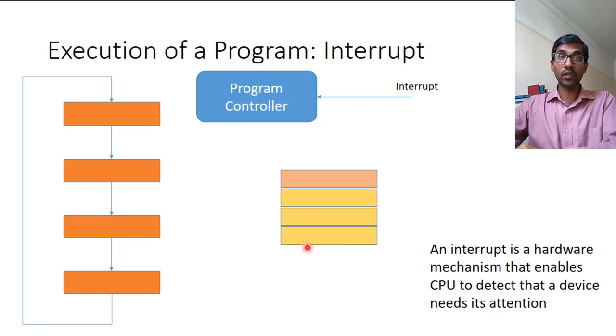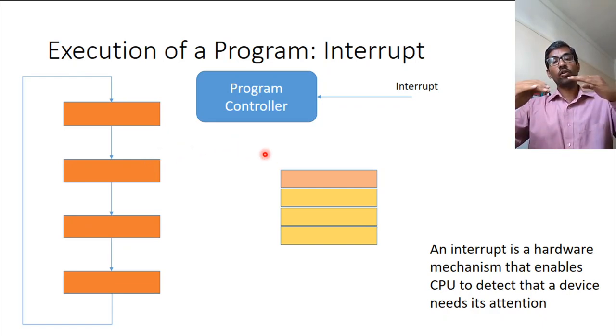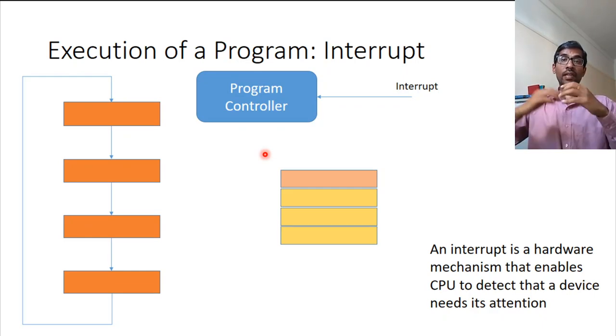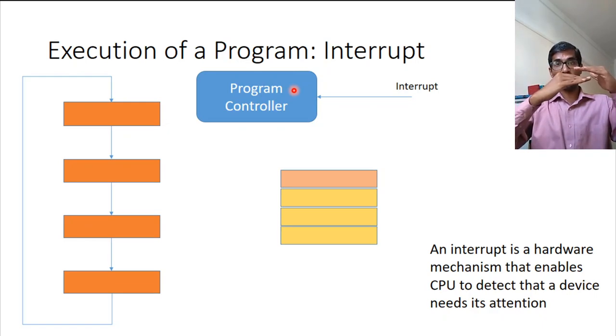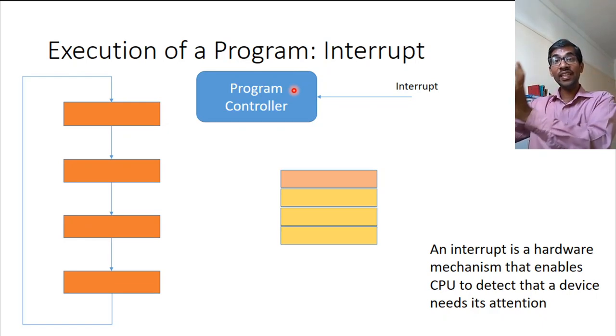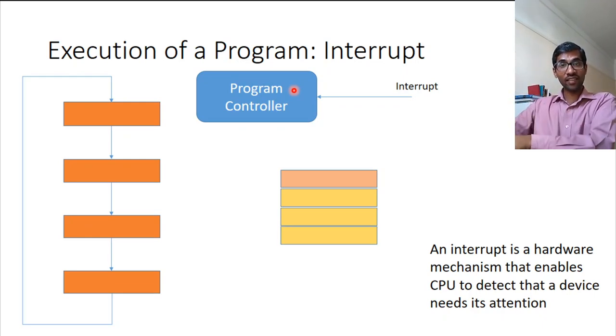And after you have executed this, you can come back and execute these lines of code. Does that make sense? A program controller usually directs the microcontroller to just execute commands one after the other in the memory location. But in response to an interrupt, the program controller says, let's not execute the next line of code, but let's go to what is called the interrupt service routine, or the code that will respond to the input, and let's execute that, and then we can come back.